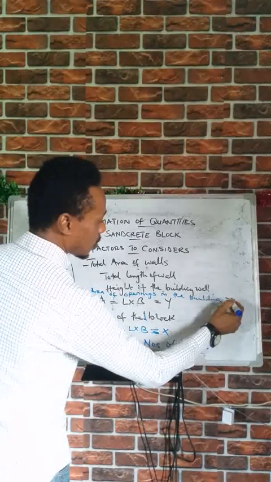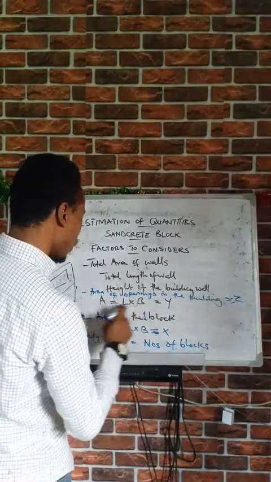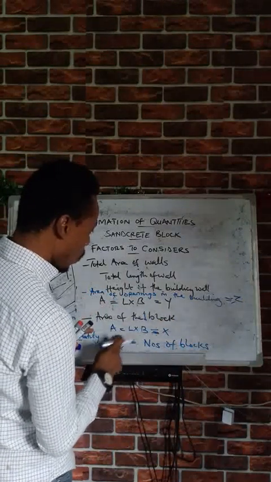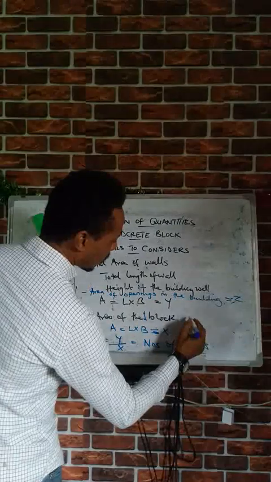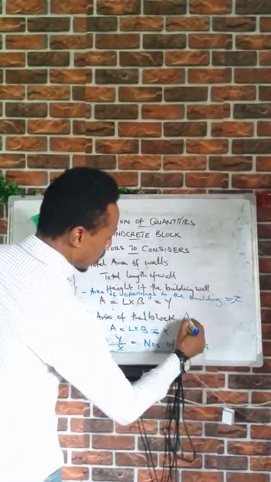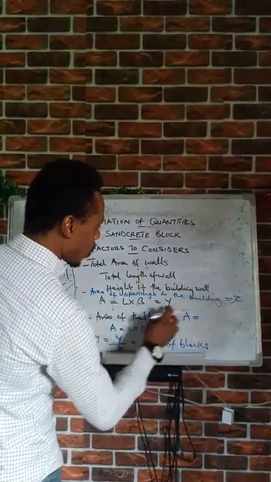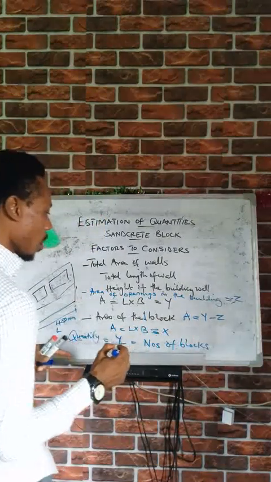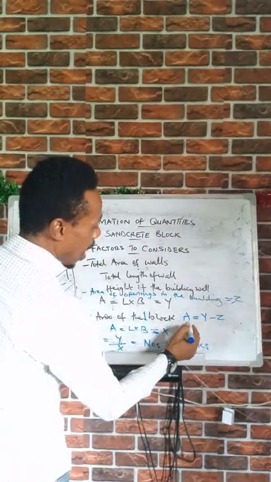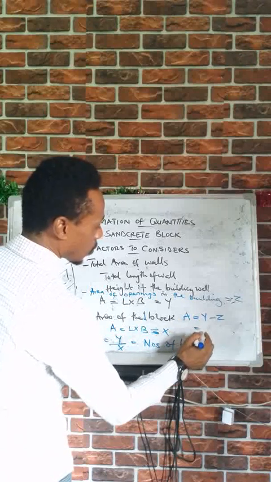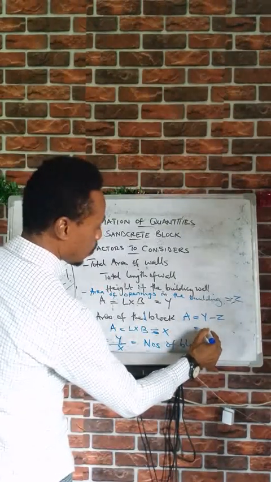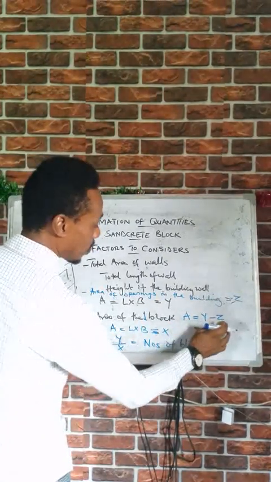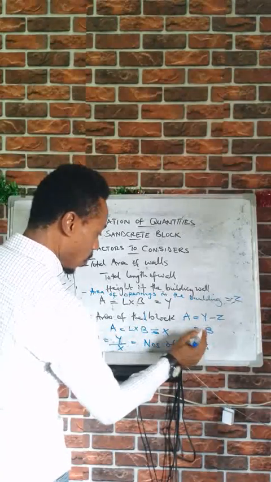So before you get to the quantity, you must have, let's say, y minus z, and let's say that becomes b.